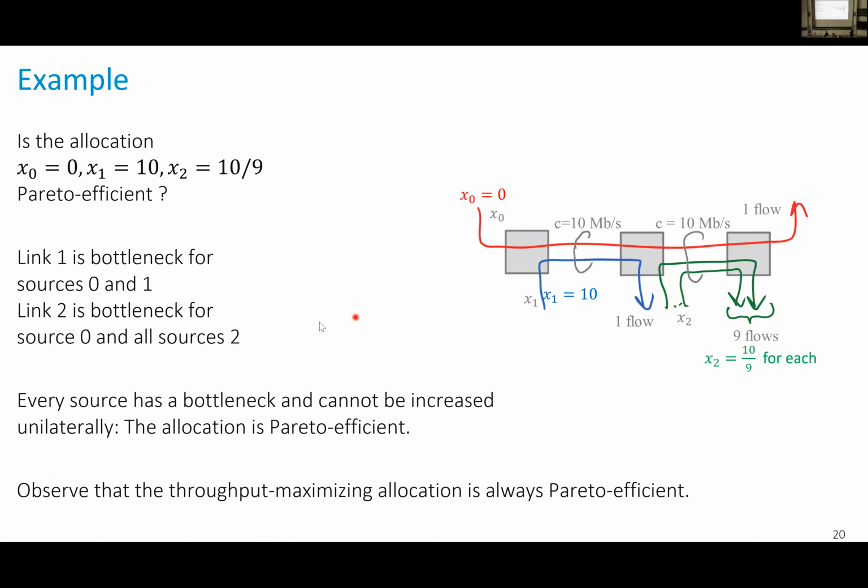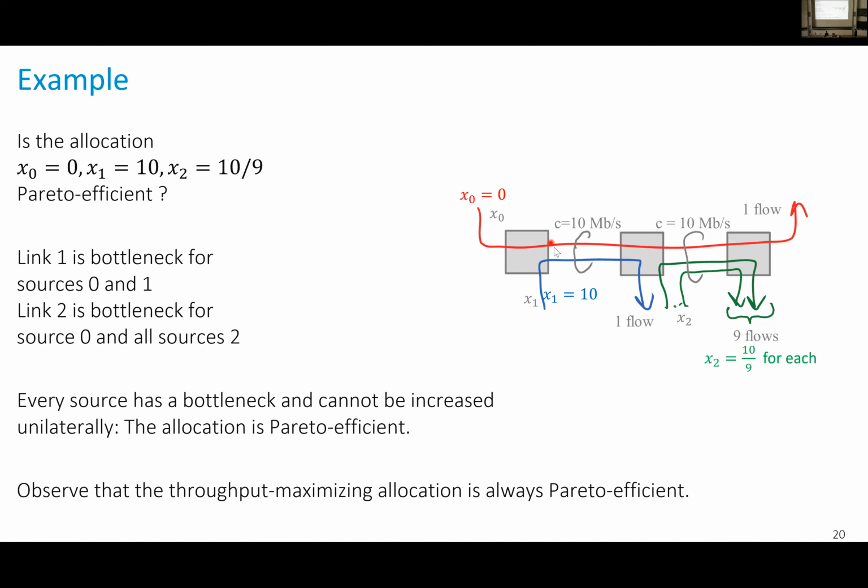For example, is this allocation here that we have discussed before Pareto efficient? Well, one way to reason about Pareto efficiency is to see whether there are binding constraints, which in networking are called bottlenecks. If I look at link 1 here, then it's a bottleneck for sources 0 and 1 in the sense that I cannot increase 0 or 1 because of the constraint here.